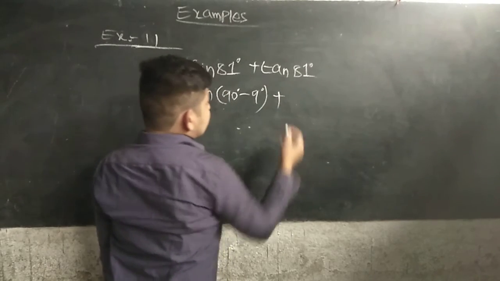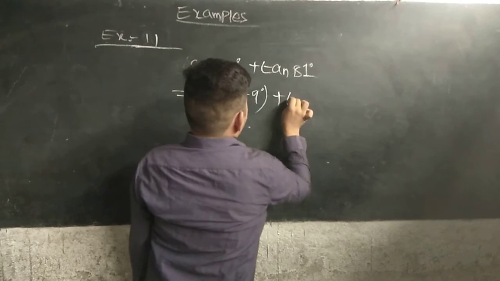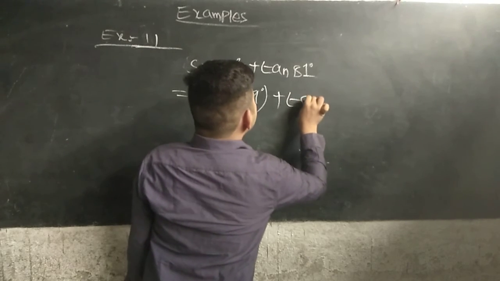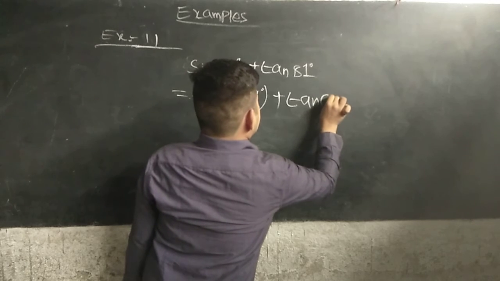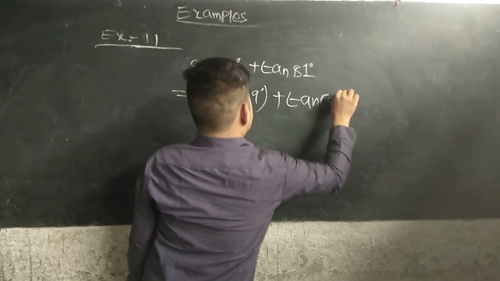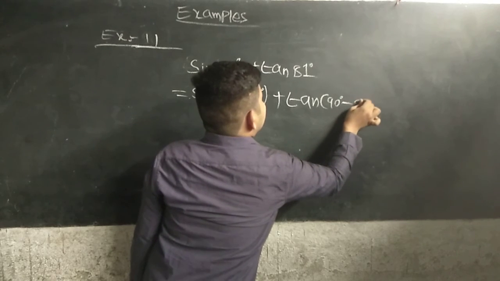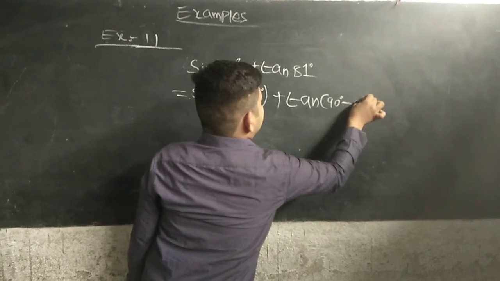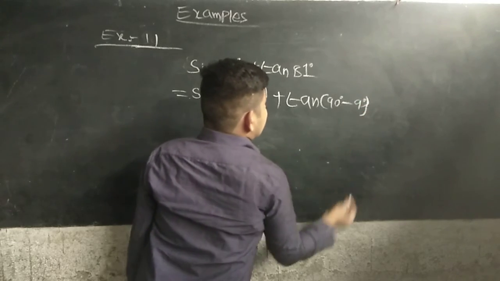Plus tan 81 degrees equals tan(90 degrees minus 9 degrees).